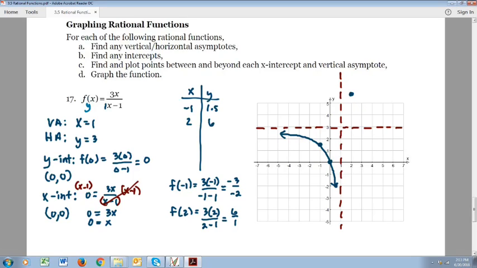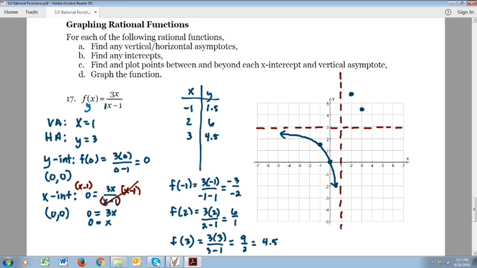So let's go ahead and find one more point. Let's plug in 3 to the function. You get 3 times 3 over 3 minus 1, which is 9 over 2, or 4.5. So at 3, we're up 4.5. And so you can see, again, similar type of thing on the end here.